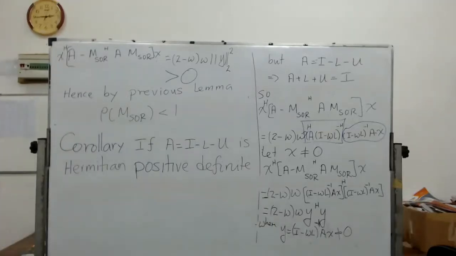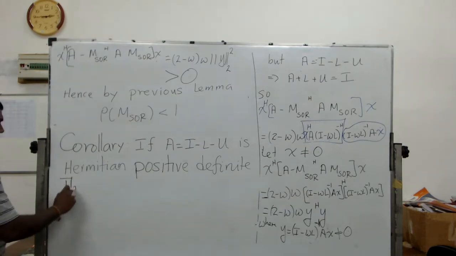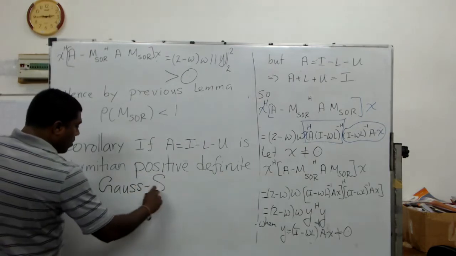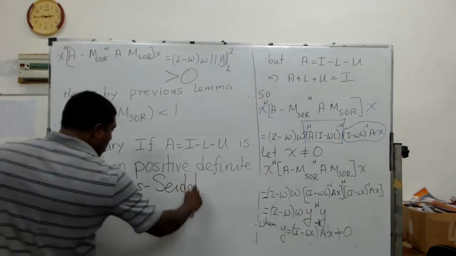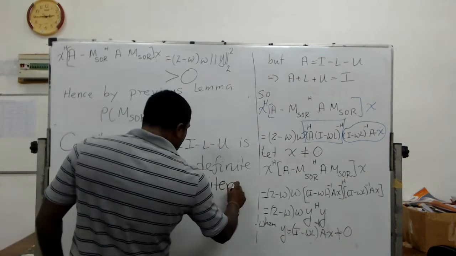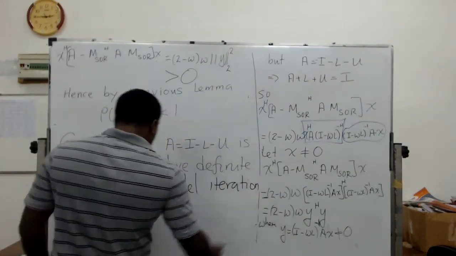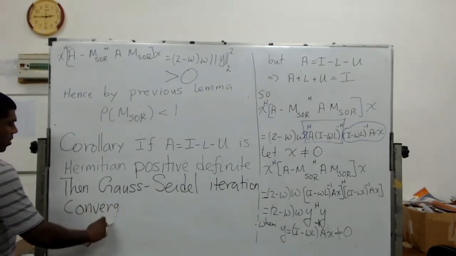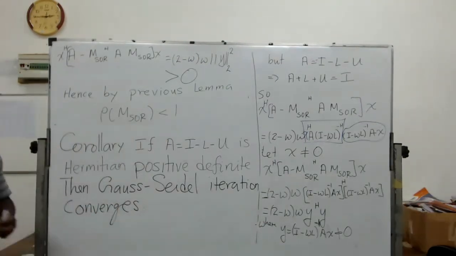If the matrix A, which is written as I minus L minus U, is Hermitian positive definite, then the Gauss-Seidel iteration converges.